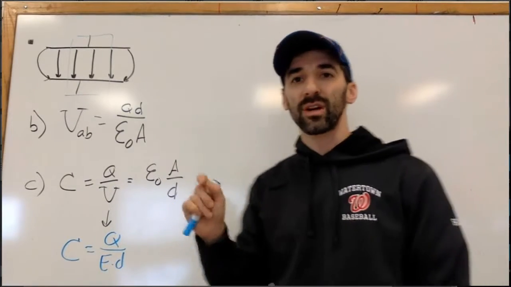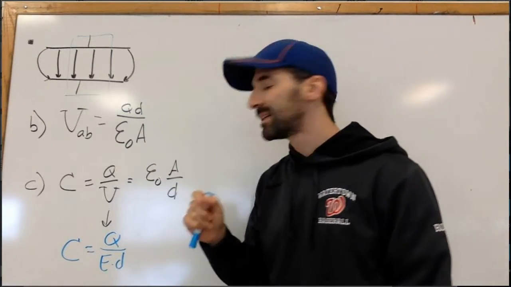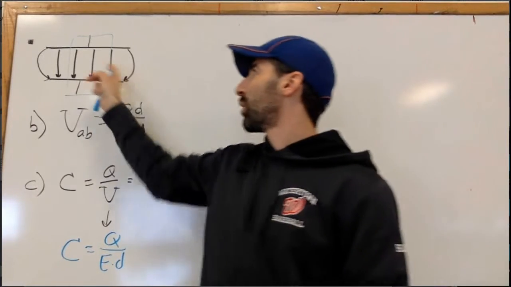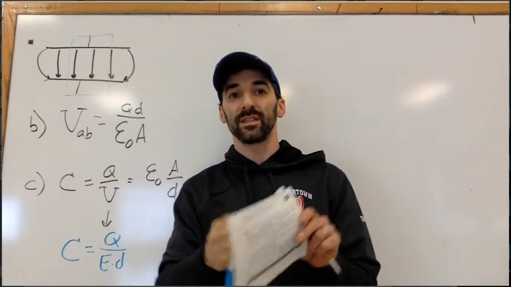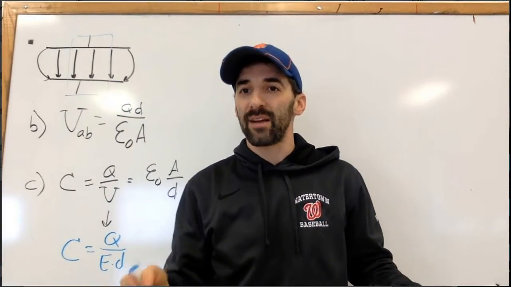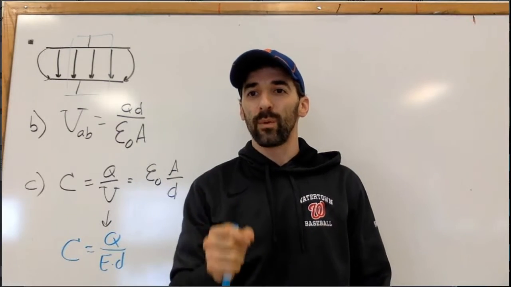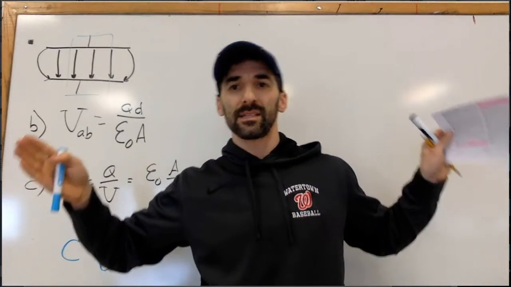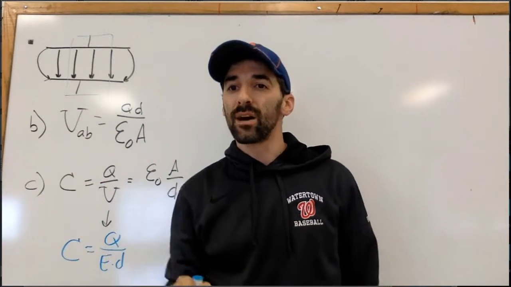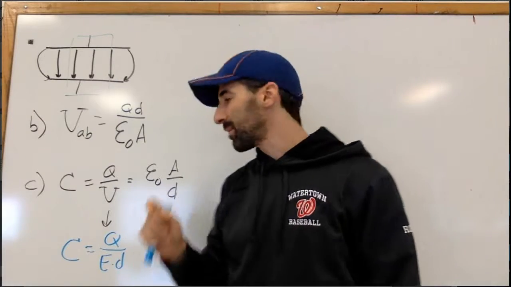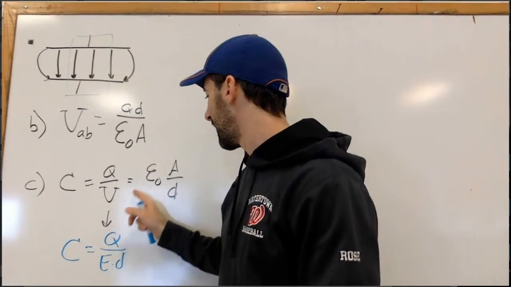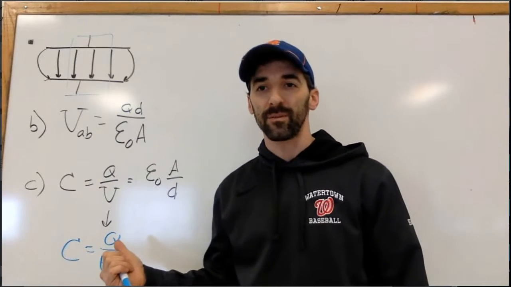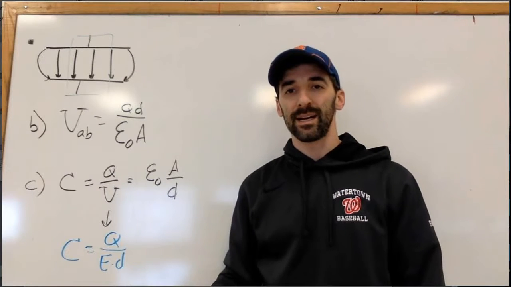Because my electric field is actually getting smaller. My uniform electric field covers a smaller section, and if I'm increasing the distance and I have that fringe effect, my electric field is going to be smaller than if I have a small distance and these alleged infinite sheets. So if I'm deriving C equals Q over E times D, and I assume my electric field is uniform, my capacitance has to get bigger.